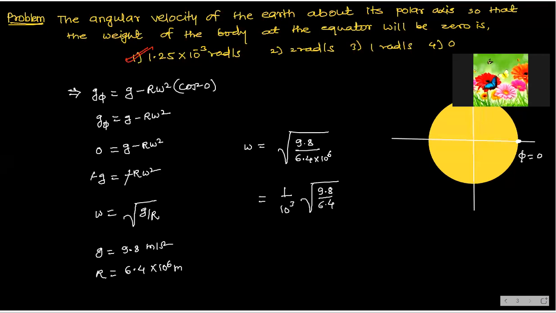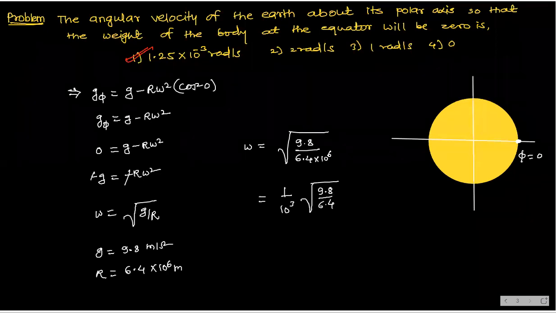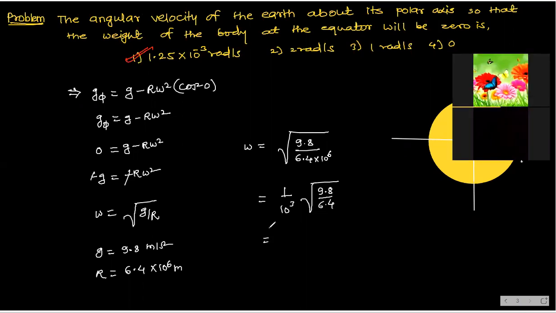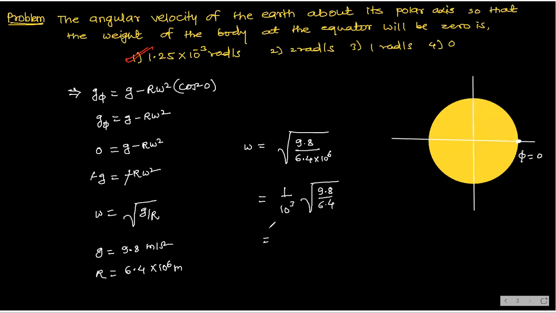4.9 by 3.2. Okay, how much is it? One by 10 power 3 under root of 1.53 you are getting, right?